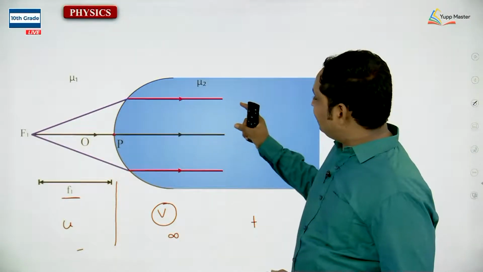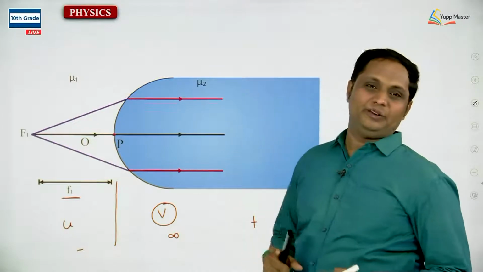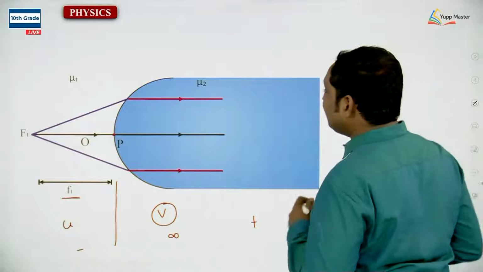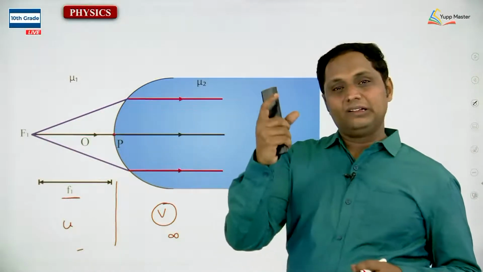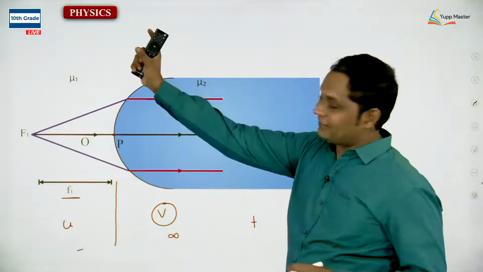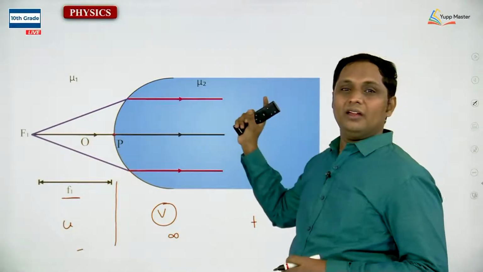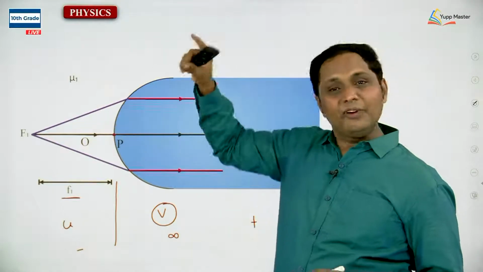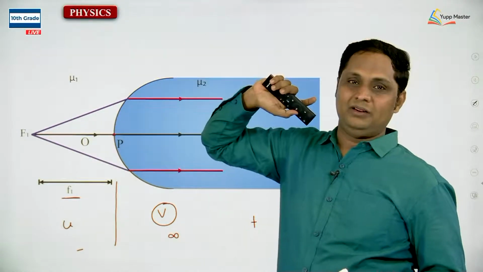This is the refraction phenomenon. In the case of a convex mirror, the reflected light rays diverge and meet somewhere else. That is very clear.